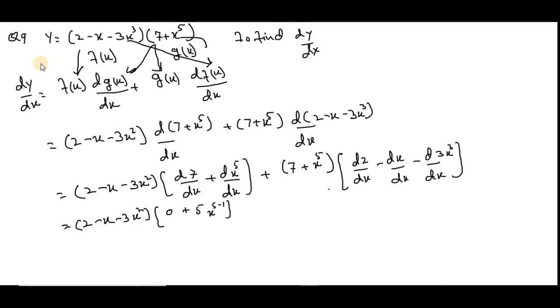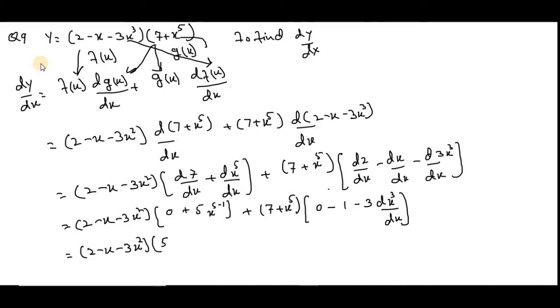And now we are going to apply the power rule, which is x raised to power 5 minus 1. Then 2 is constant, derivative is 0, minus x derivative is 1, minus 3 d(x cube) over dx.